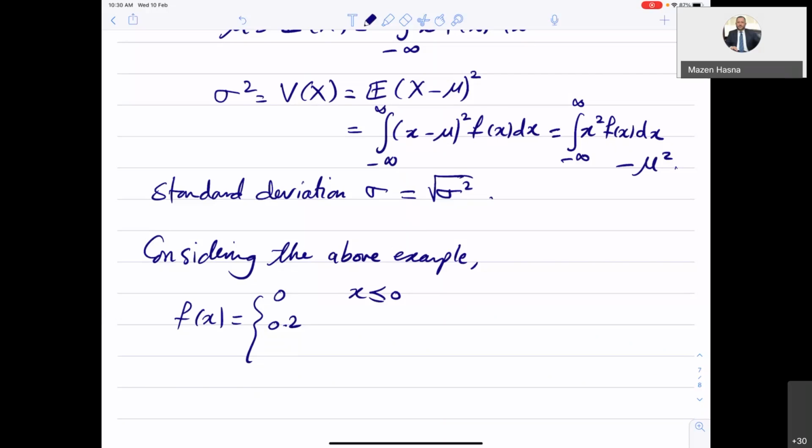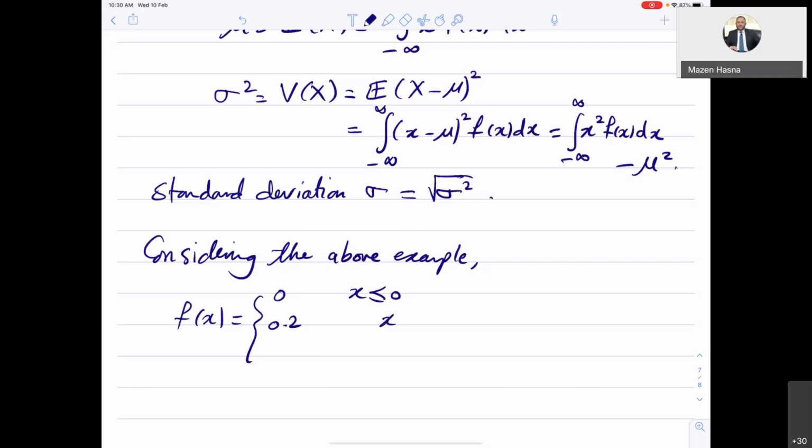So standard deviation is used more in statistics, while the variance is used more in applications like communication. But they both reflect the same general idea about the random variable. They both increase if the spread of the random variable is wide, and if it's narrow, then they both decrease. Okay?